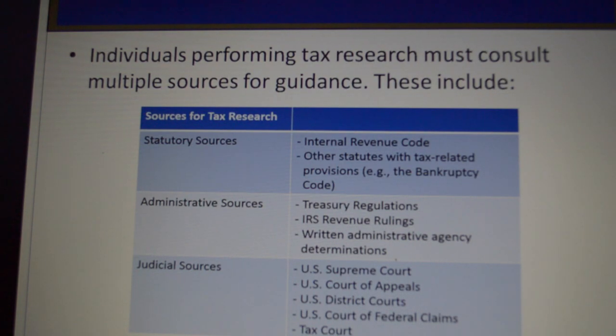These include statutory sources, which is the IRC, Internal Revenue Code, and other statutes with tax-related provisions, for example the Bankruptcy Code; administrative sources, Treasury regulations, IRS revenue rulings, written administrative agency determinations; and judicial sources, U.S. Supreme Court, U.S. Court of Appeals, U.S. District Courts, and U.S. Court of Federal Claims and Tax Courts.